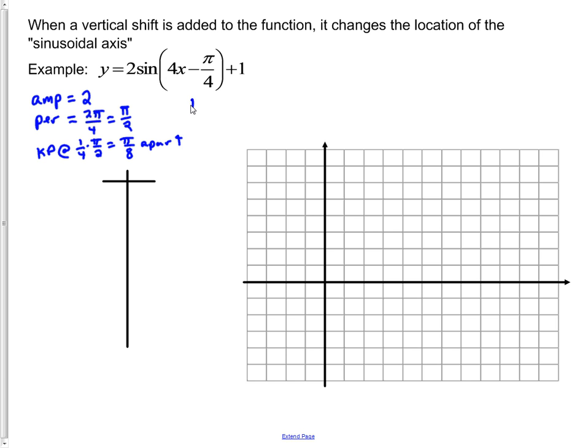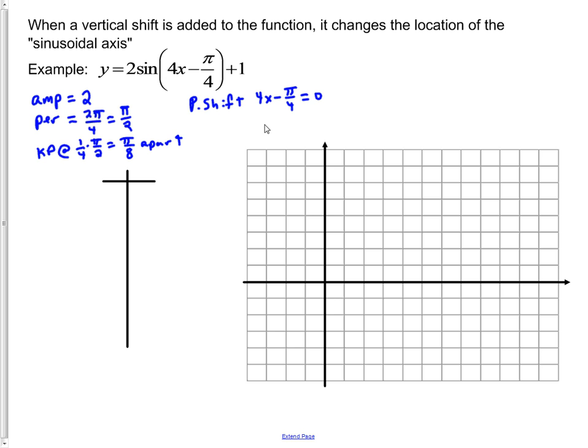But then we also have a phase shift, and our phase shift is found by setting the argument of the sine function equal to 0 and solving for x. So I'm going to take 4x minus pi over 4, and set that equal to 0 and find out what happens.